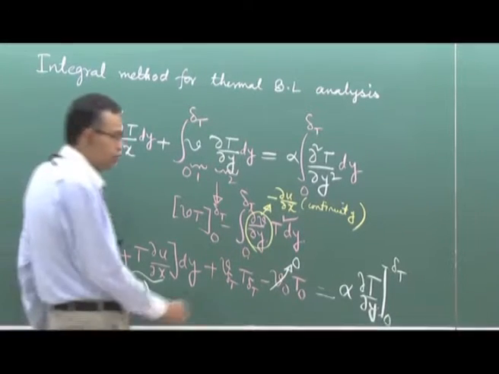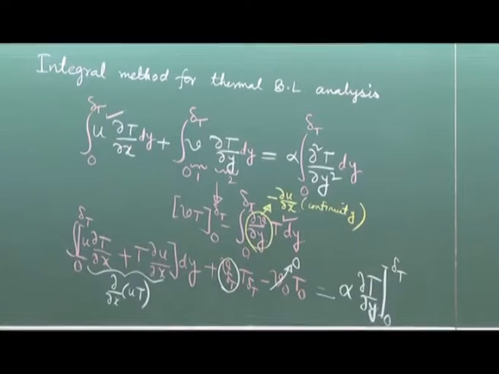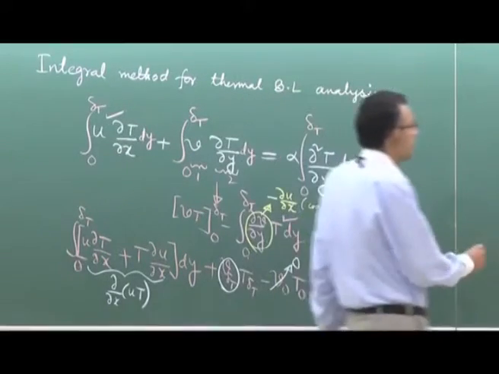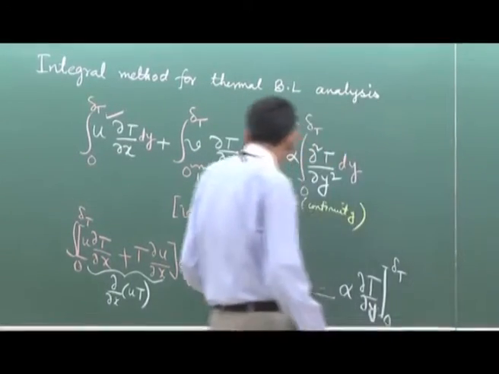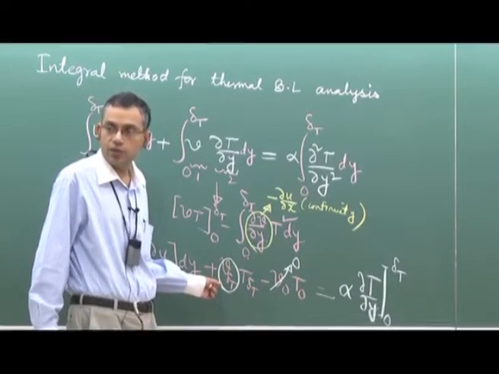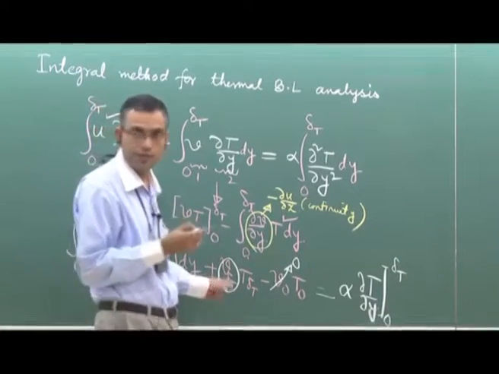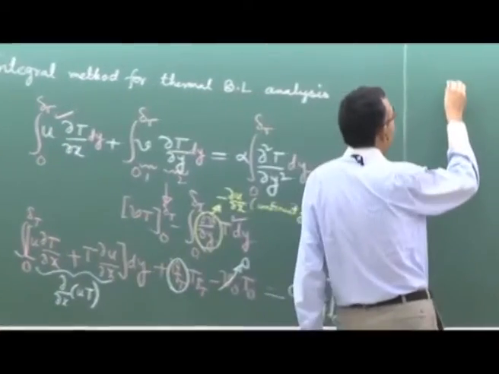So, we have to estimate what is v at delta t. How do we estimate v at delta t? We will use the continuity equation and integrate it across the thermal boundary layer.